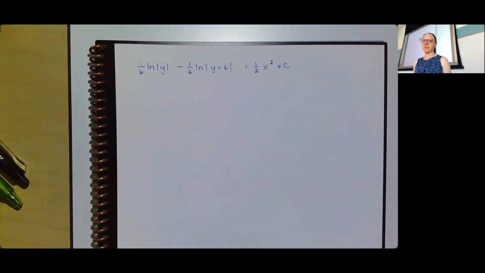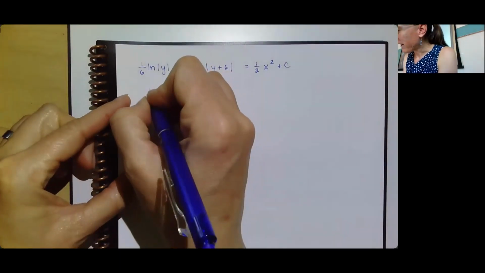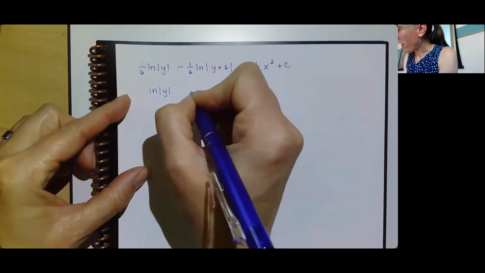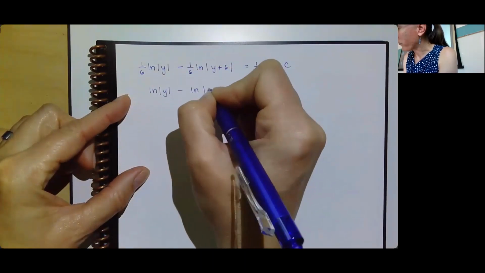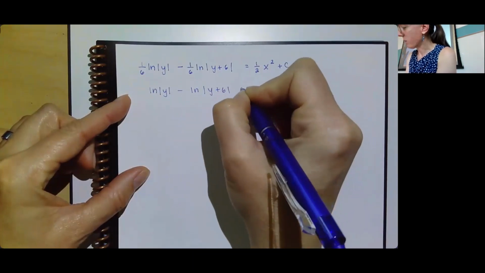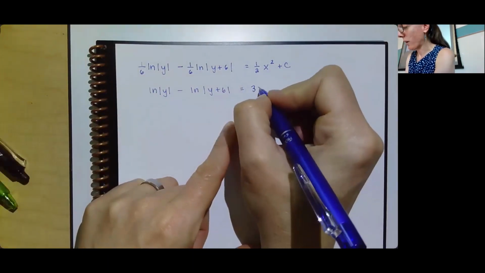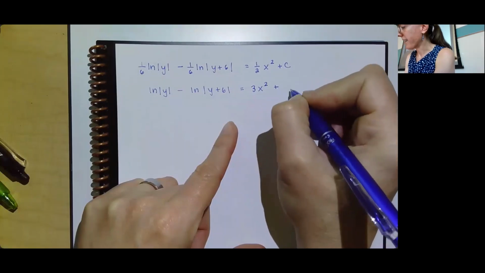You have choices. Come on, focus. Okay, we have choices here, but I'm going to multiply by 6 so that I don't have fractions anymore. I'm going to write that as natural log absolute value of y minus natural log absolute value of y plus 6 is equal to 3x squared plus a constant.